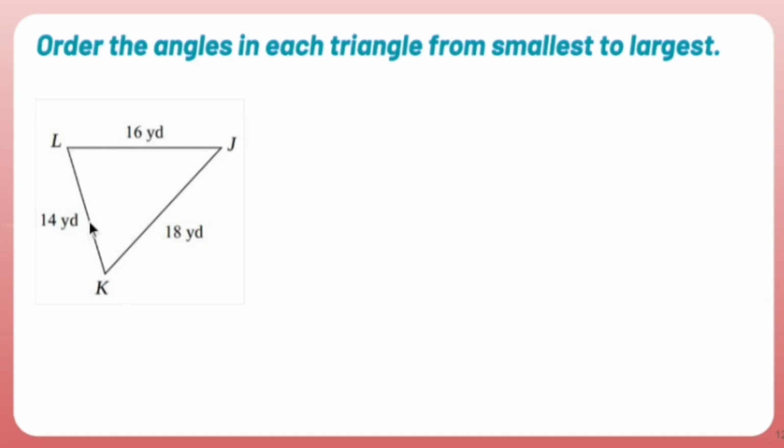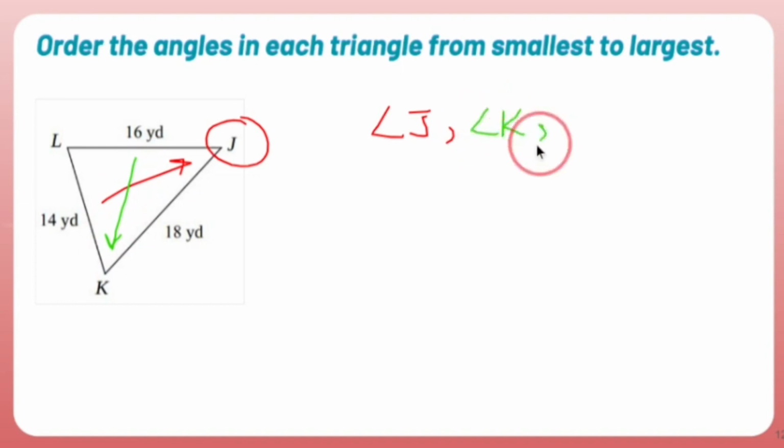Okay, LK is the smallest side, which means angle J is going to be the smallest angle because J is opposite of 14, which is the smallest side. Similarly, the one in the middle is 16, so the opposite angle of 16 is K, so angle K is going to be in the middle.